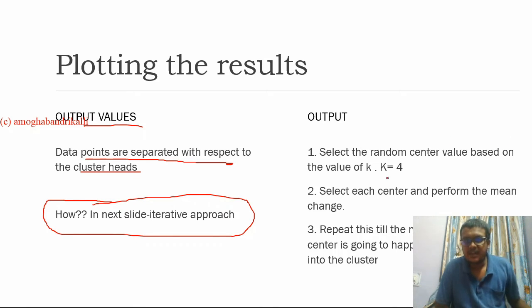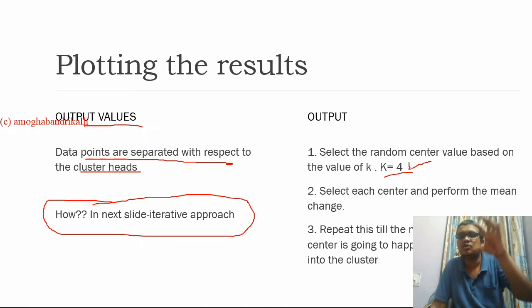So first one is to select the random center values based on the value of k. If k is equal to 4, you need to select 4 random centers. There are no rules here, just take some 4 random centers. From those random centers, go on finding the distance to the points. You will have some points, and you need to divide those points into clusters.